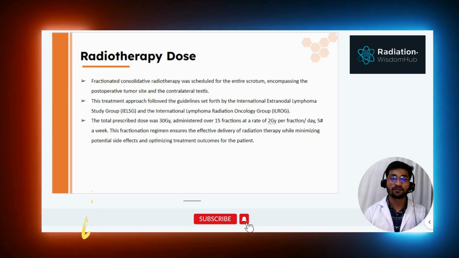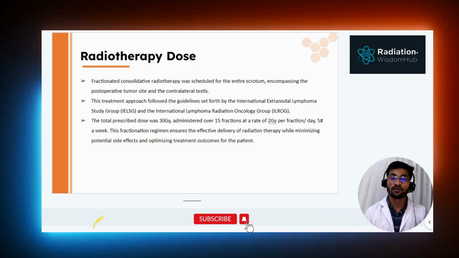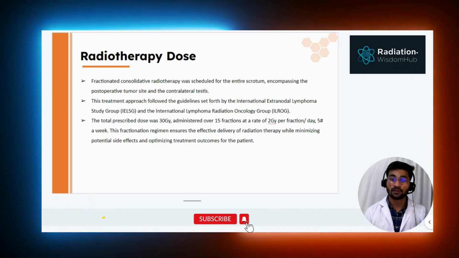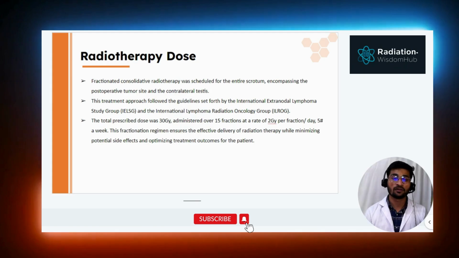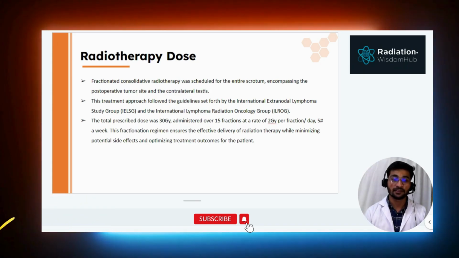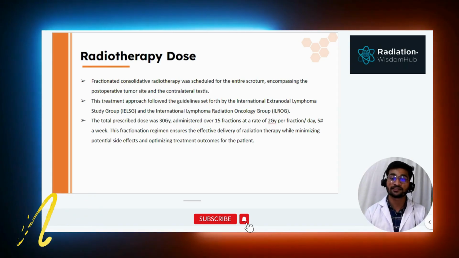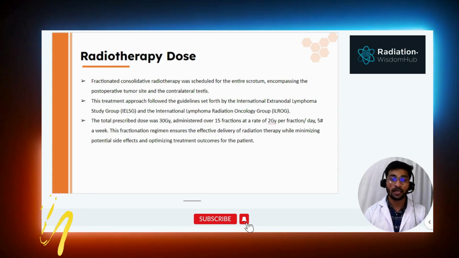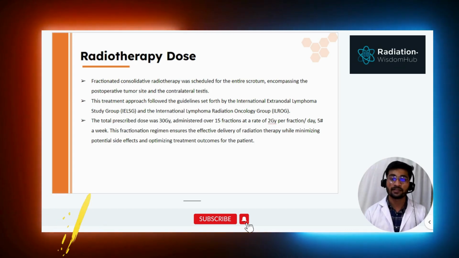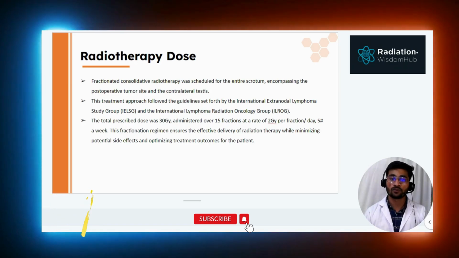So here is the radiotherapy dose. Fractionated radiotherapy was scheduled for the entire scrotum, encompassing the post-operative tumor site and the contralateral testes. This treatment approach follows the guidelines set forth by the International Extranodal Lymphoma Study Group (IELSG) and the International Lymphoma Radiation Oncology Group (ILROG).